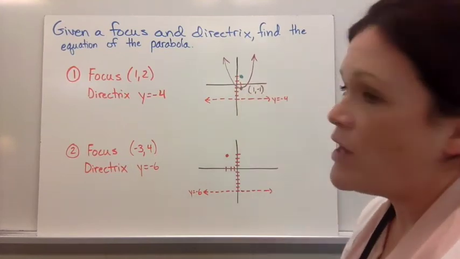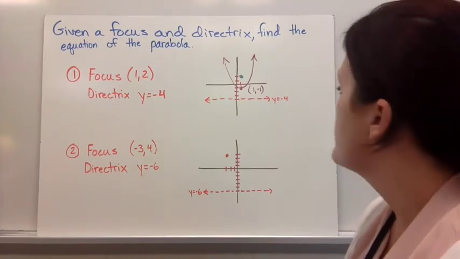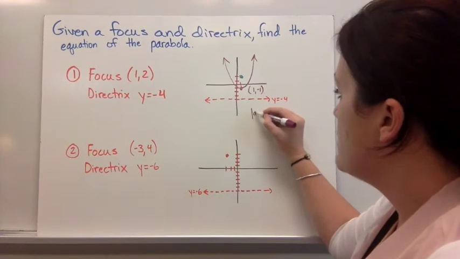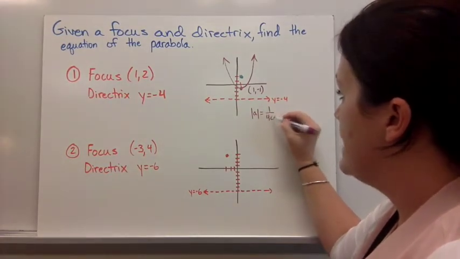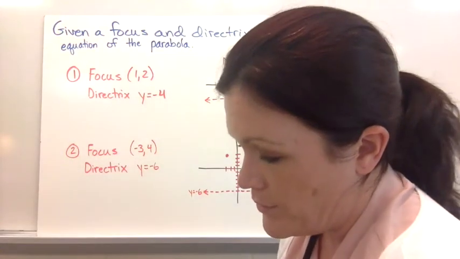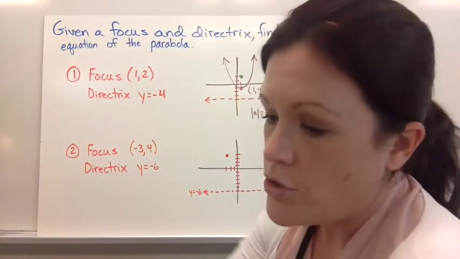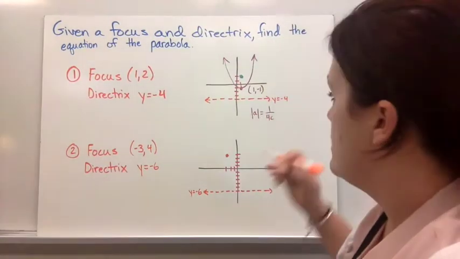But I just need to figure out the A value, and then I can write my equation in vertex form. So A, let's put absolute value of A is 1 over 4C. And C is the distance, let me grab another color, between your vertex and your focus, or your vertex and your directrix. They are equivalent.